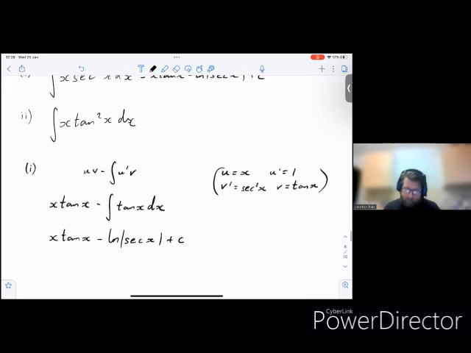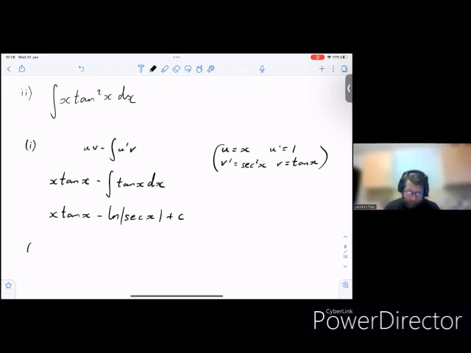Now for part 2, our u will be x, so u dash is 1. So v dash is tan squared x. So yeah, now we've got a little bit of work to do here.